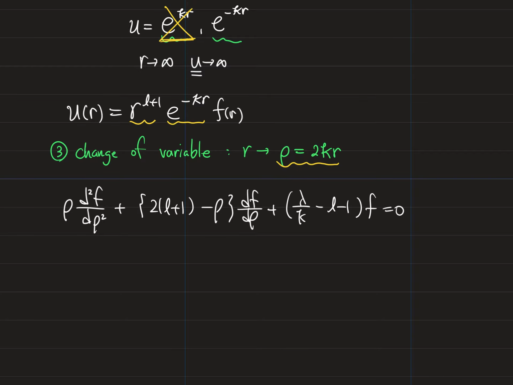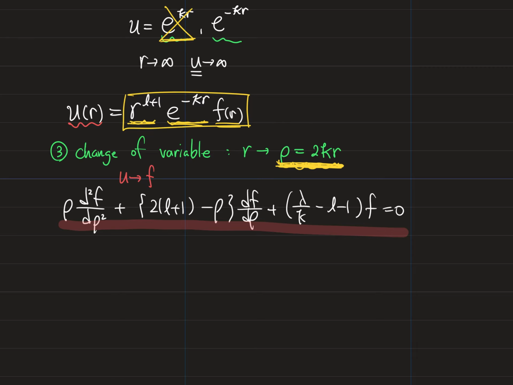Because now the function is changed from u to f, because we already have set u as the multiplication of r to the power, the exponential, and f(r). So you can plug this into the original differential equation, and you are going to change the variables according to this relation, rho equal to 2 kappa r. So this is your new equation to solve. And we are almost done.